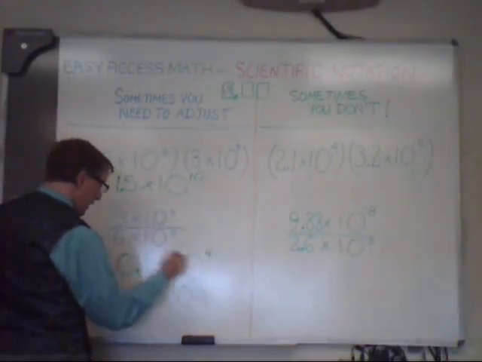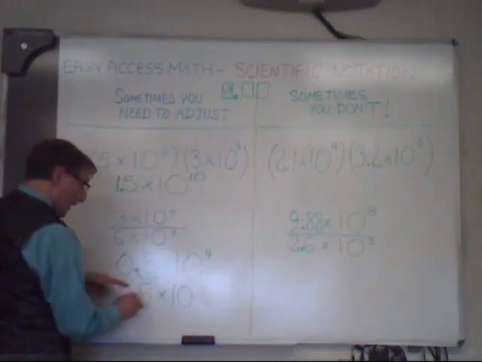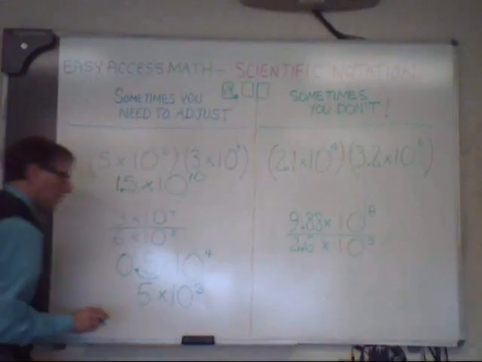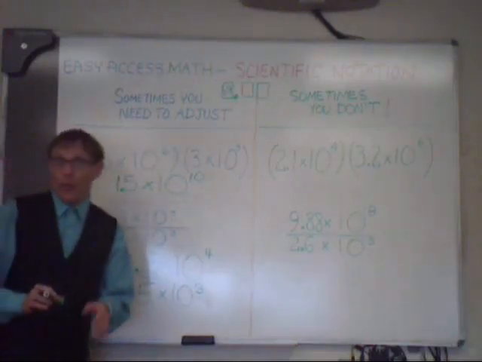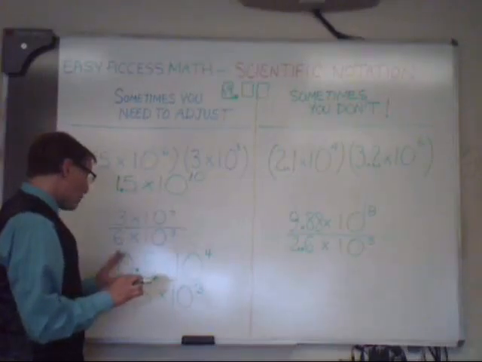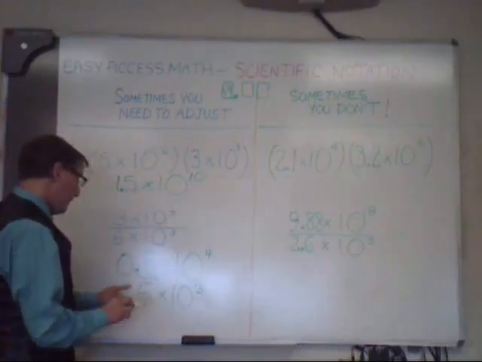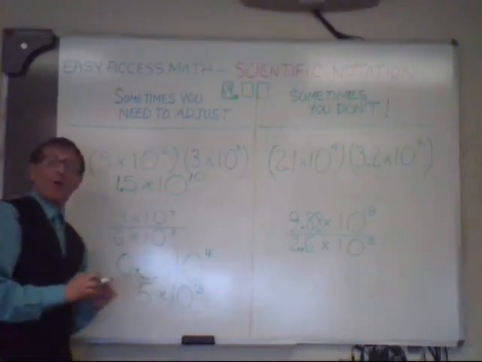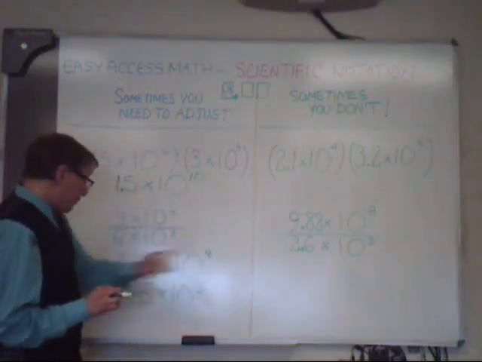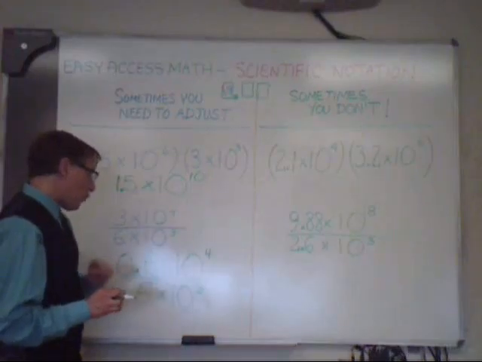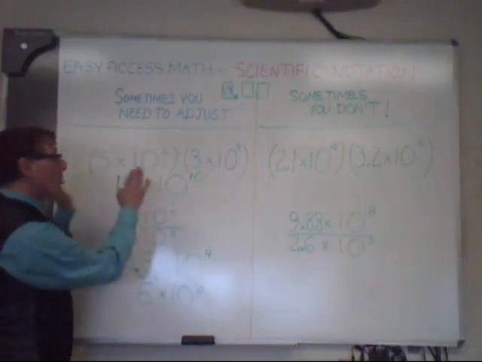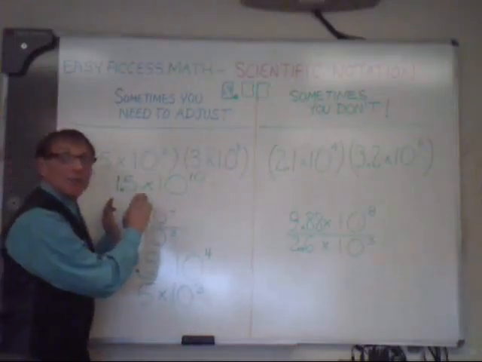I made that bigger, so the exponent has to go down 1, from 4 to 3, because I made the base number larger from 0.5 to 5 by moving the decimal 1 place to the right. This went up, the exponent goes down. So these needed to be adjusted.